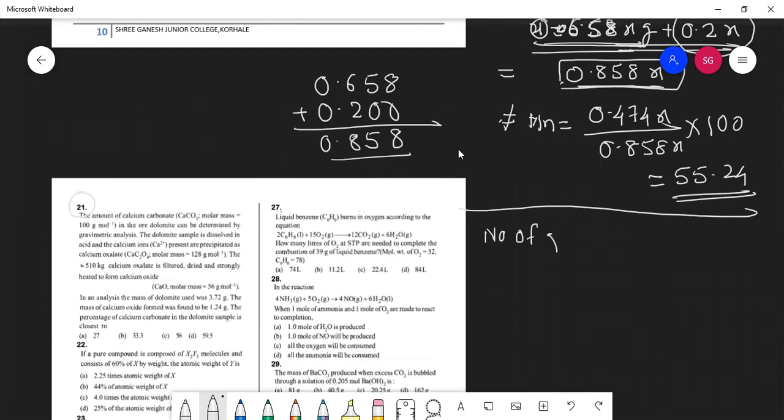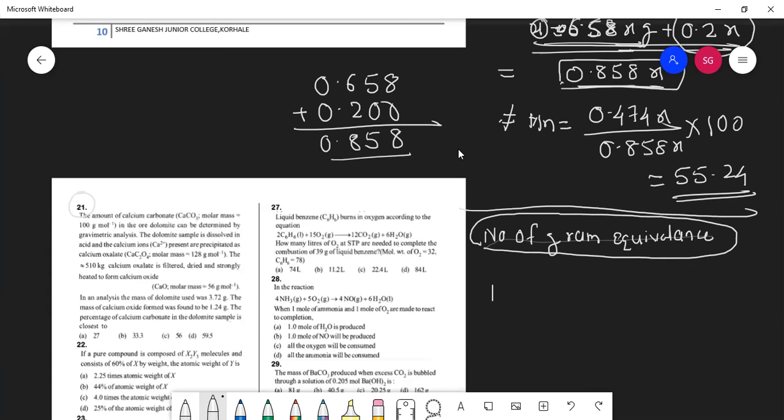And you can use the gram equivalence concept when you don't know the reaction. Yes, anyone out of you? Can you tell me the formula of number of gram equivalence? Okay, I'll repeat all those formulas again, students.